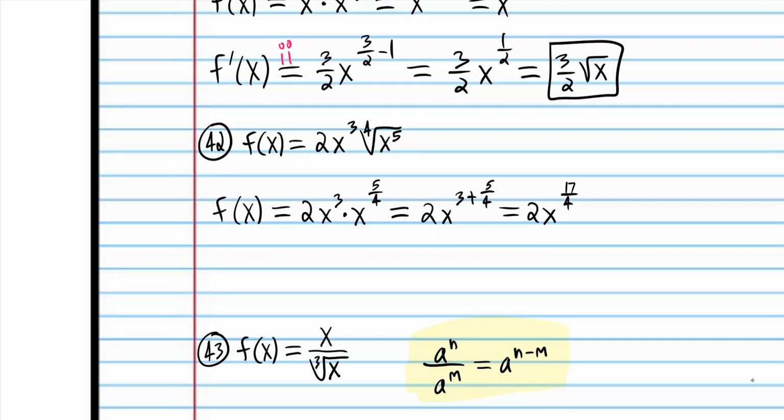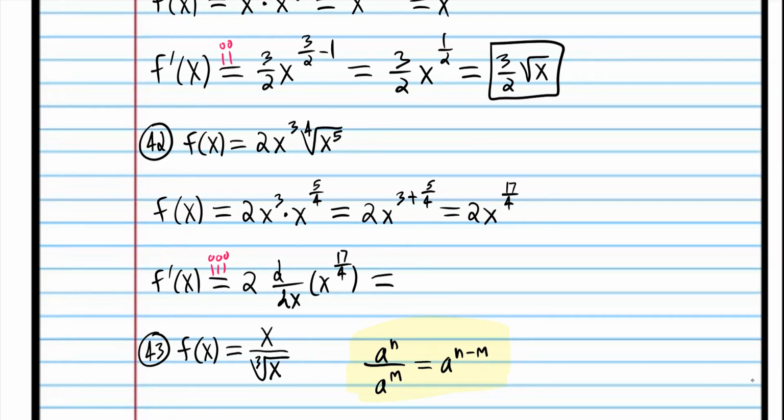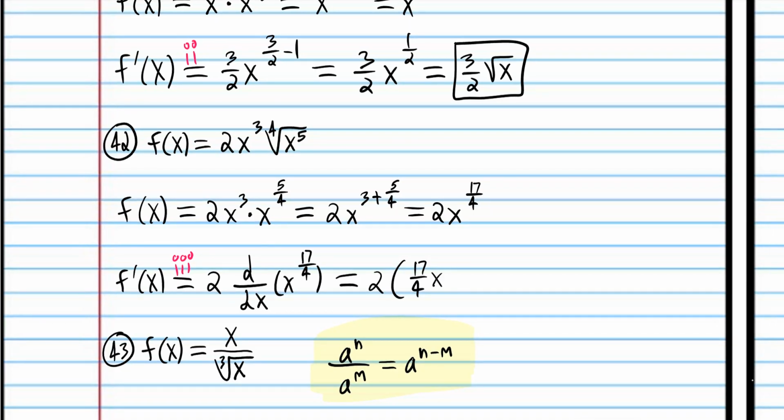So now we're ready to find the derivative. We're going to use the constant multiple rule. We have 2 times the derivative of that function. So we have 2 times, using the power rule, 2 times 17 over 4 times x to the 17 over 4 minus 1 power.